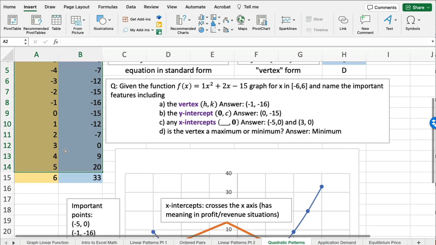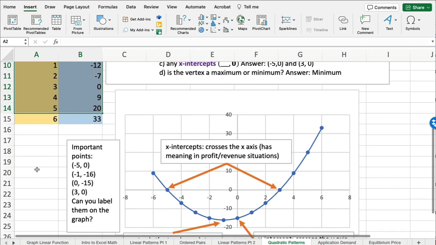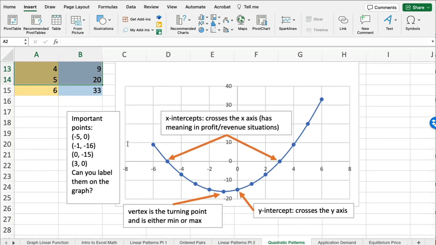So let's go down here. This is the graph that I had already made earlier. Your graph would not have all these text boxes on here and the orange arrows, but I just wanted to talk about it a little bit with you so that you could understand a little more about quadratic functions and why they're so special.